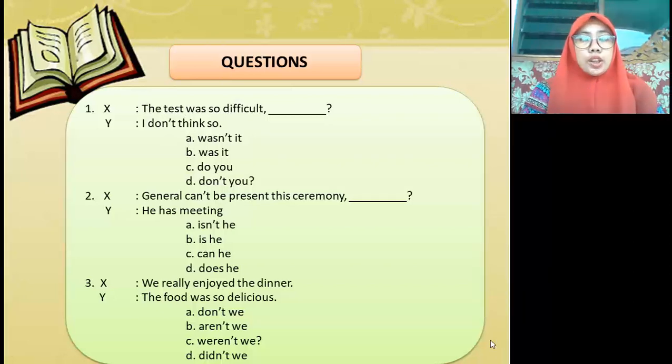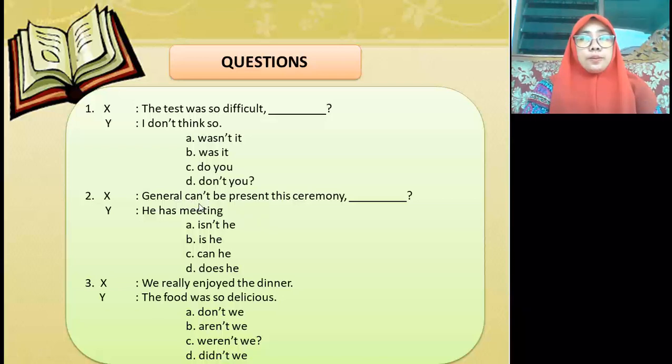Next, for number two: General can't be present at this ceremony. Okay, here X says that and then Y responds, he has a meeting. So the sentence is negative because we can see can't. Can't comes from can plus not.